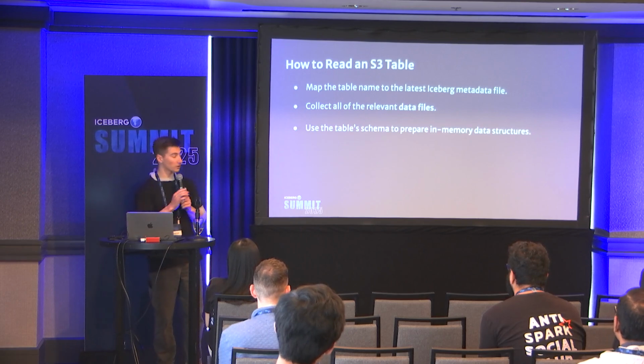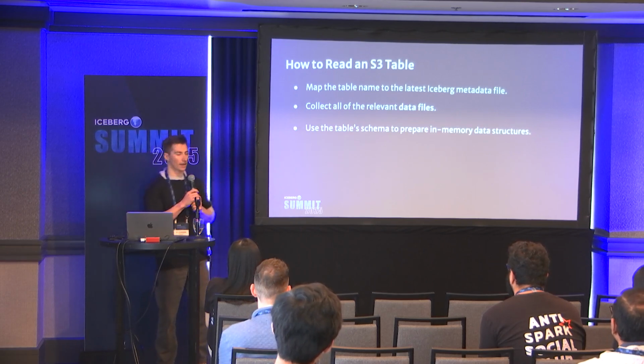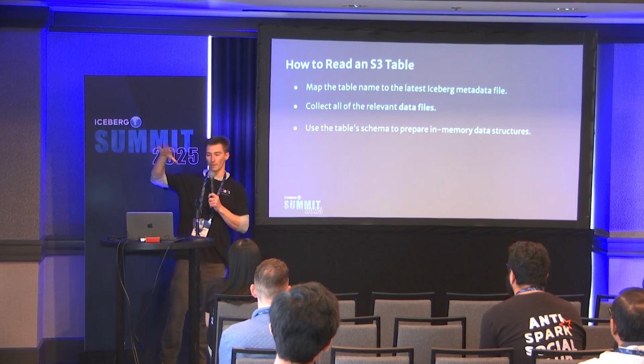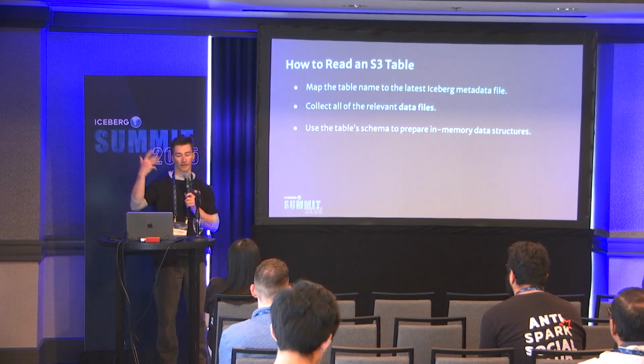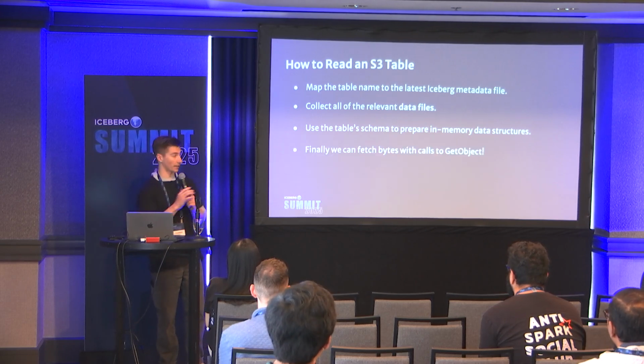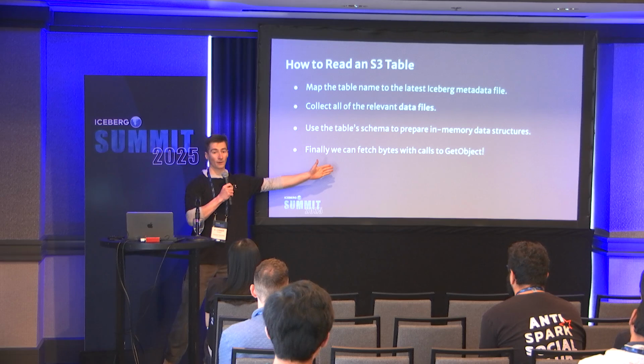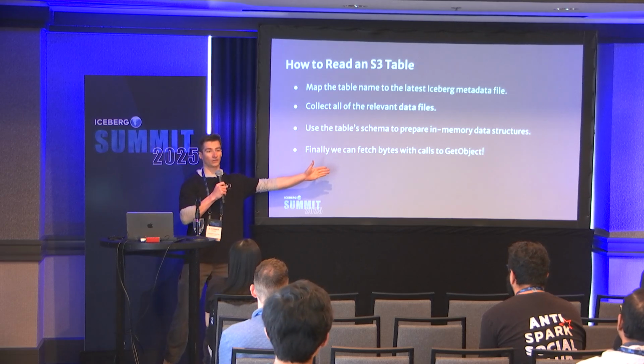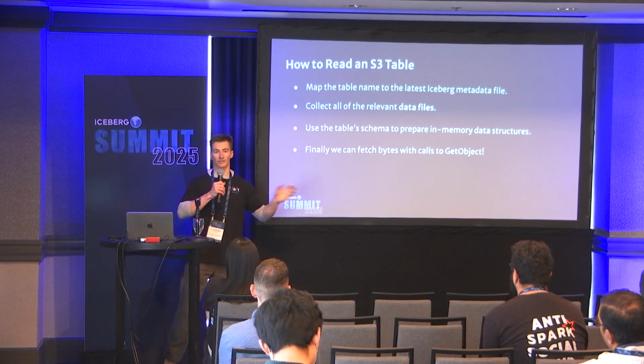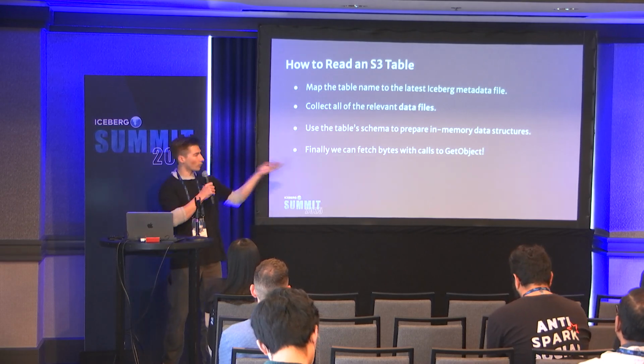And then we also use other metadata like a table schema, and that'll help us prepare the in-memory data structure or operators so that we can start fetching some of this stuff. And then the last thing is, we do just end up with S3 keys at the end of the day. And so we create a bunch of these things we call scan tasks, and those can be distributed and they actually perform the get object calls.